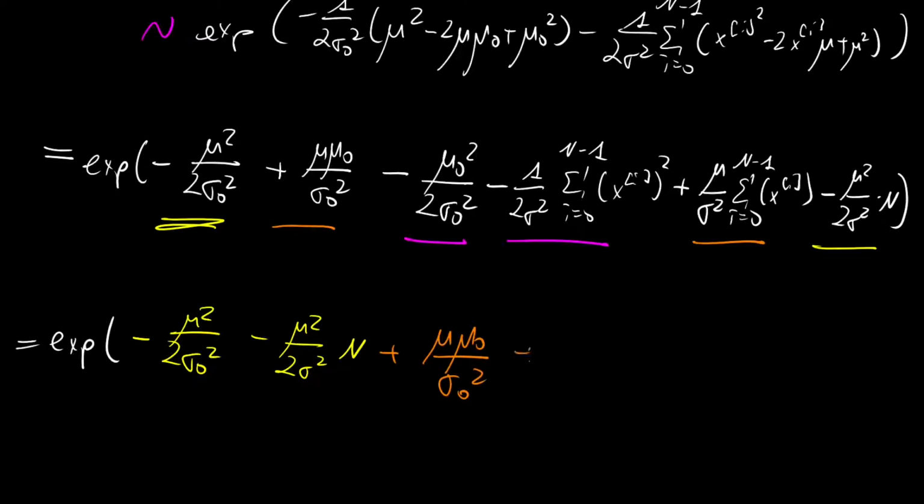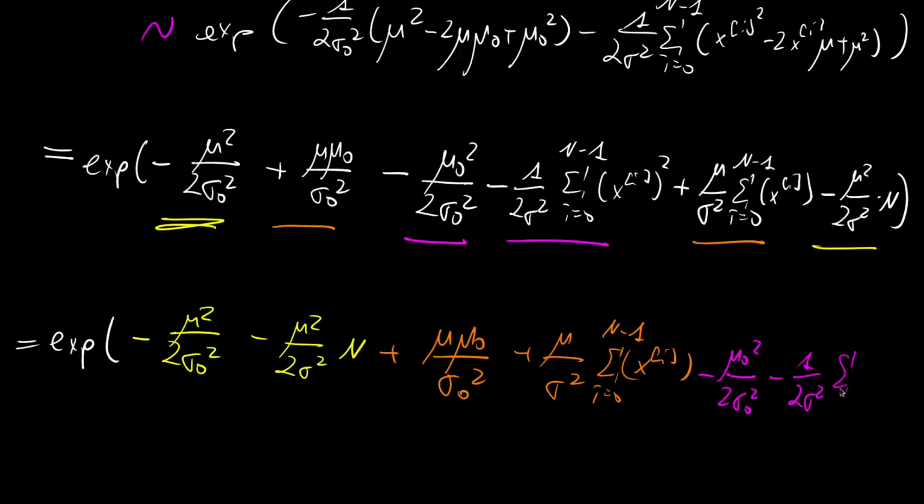And here we have plus mu over sigma squared times the summation from i equals 0 to capital N minus 1 over xi. And then lastly, we have these terms here, minus mu 0 squared over 2 sigma 0 squared minus 1 over 2 sigma squared, and the summation from i equals 0 to capital N minus 1 over the xi squared. And then the closing brackets for the exponential.